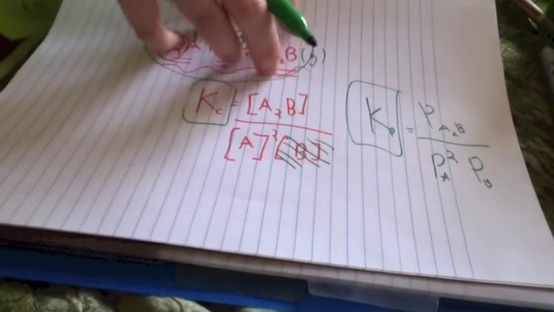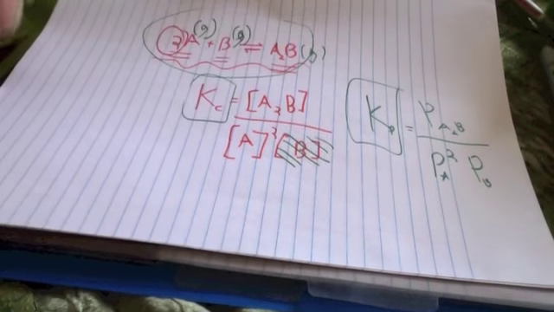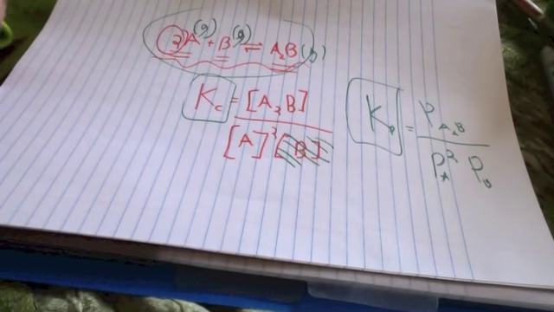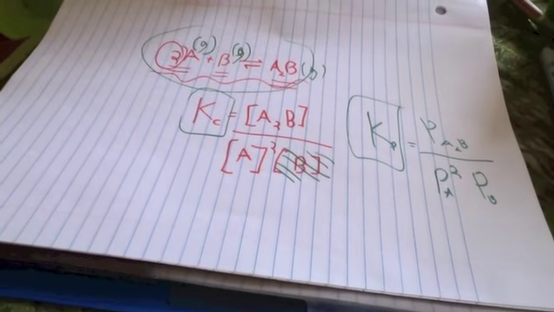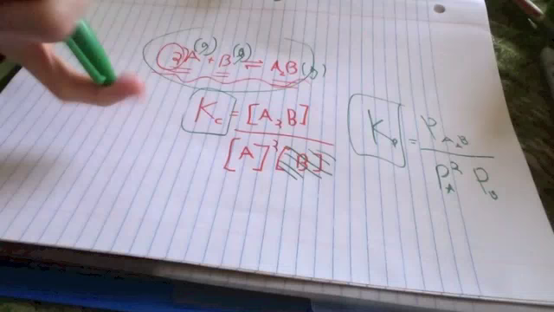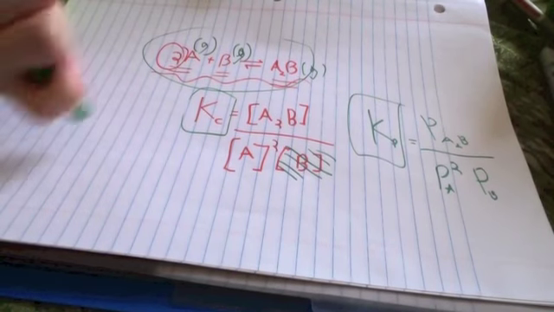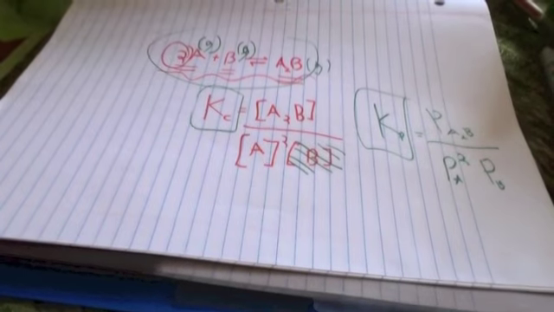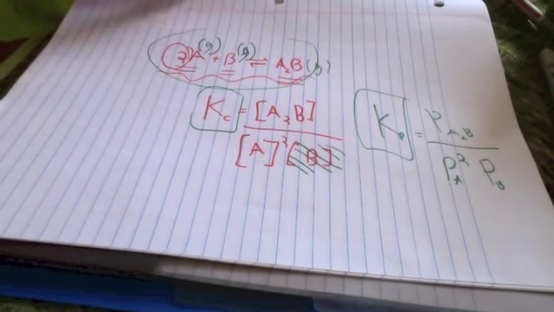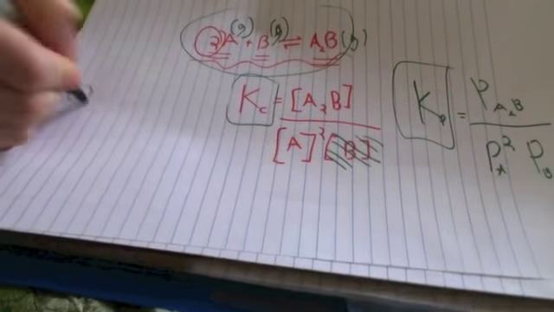They're just constants that are specific to that reaction at that temperature, okay? And that's really the most important thing for us to understand. If you understand what this is, then you can understand how to work out problems that involve Kc, Kp, or another one, Qc, which we also talked about, okay?